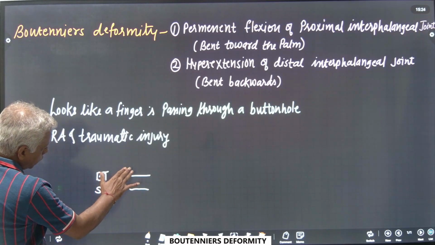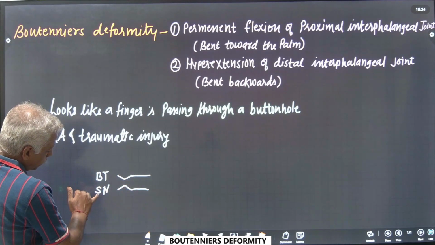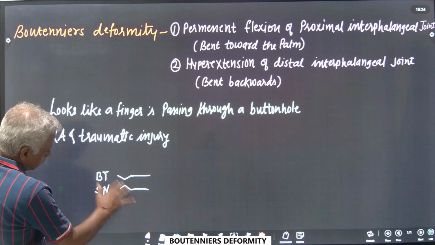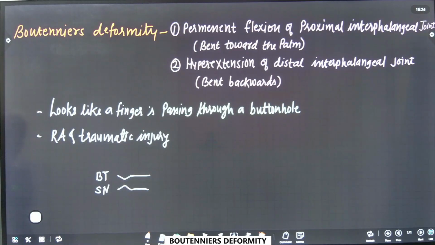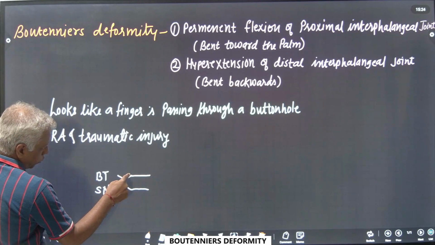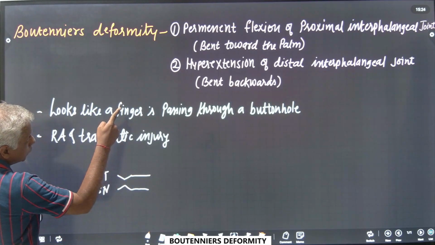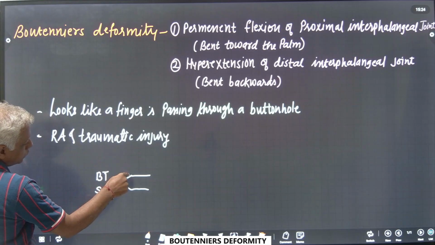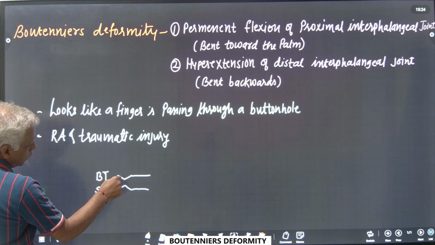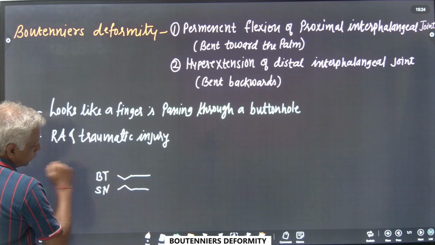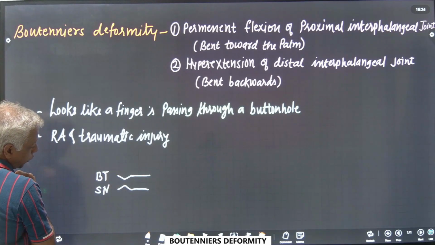If you compare the two, they are almost exactly opposite to each other. In the Boutonniere's deformity, as we have mentioned, there is a flexion at the proximal interphalangeal joint and a hyperextension at the distal interphalangeal joint.